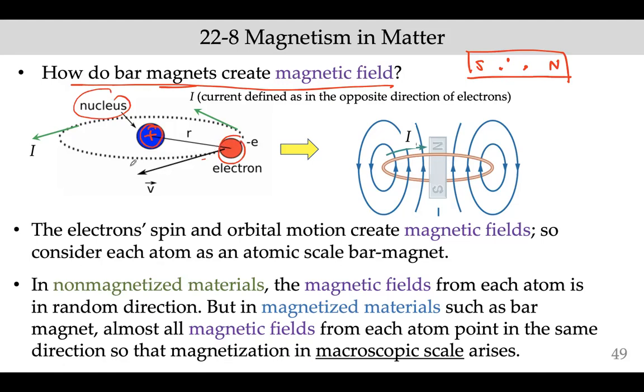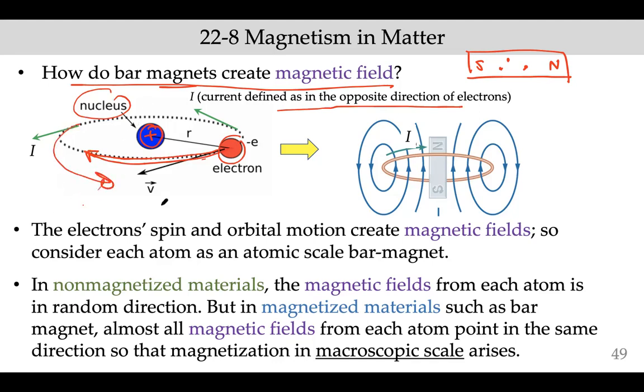The electrons have some velocity. Now, if the electron is going around in this direction, remember the current is defined as the opposite direction to the negative charges. It's just a historical definition of current. So the current is in this direction.